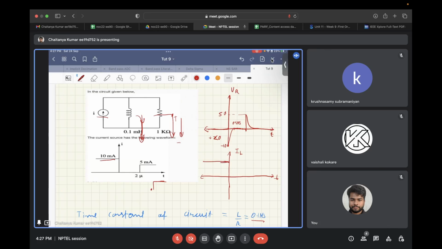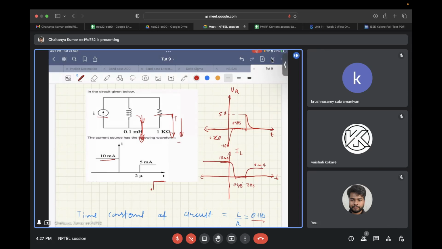So the current through this inductor is 10 milliamps at that point, and after that, slowly within 4 time constants, at 0.4 microseconds, this current will fall to zero, and it will remain zero till 2 microseconds, and after 2 microseconds it will slowly rise and settle to 5 milliamps.